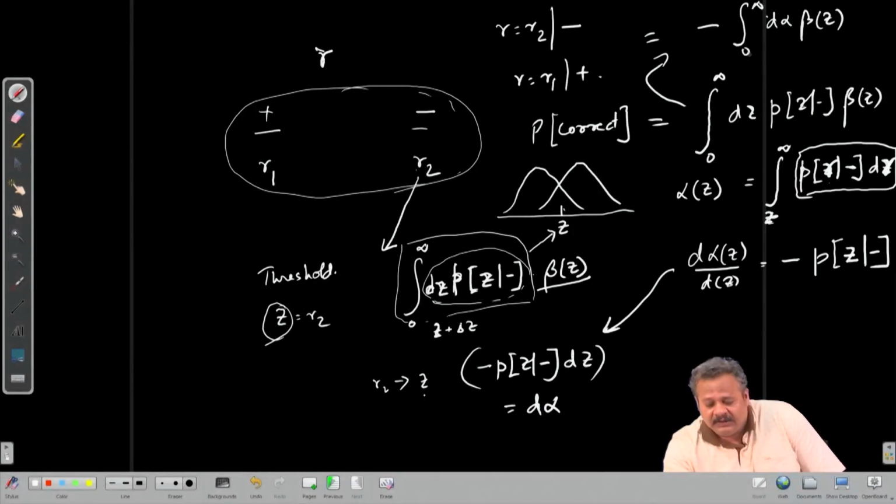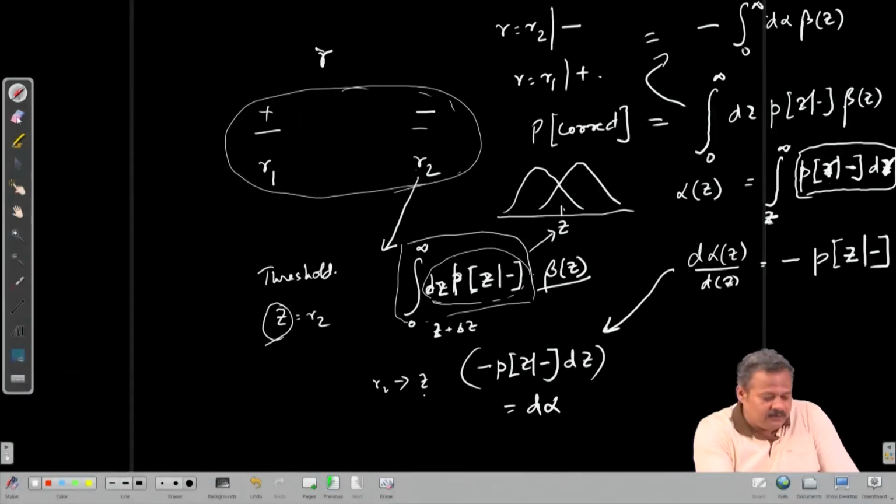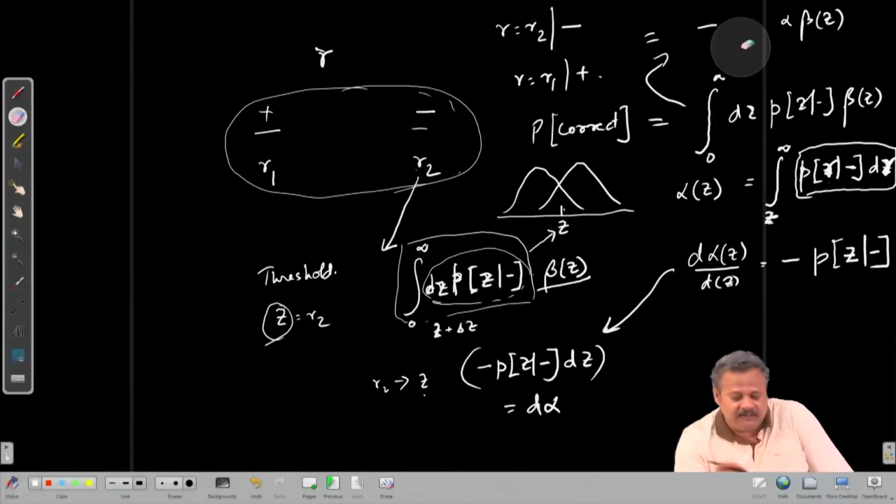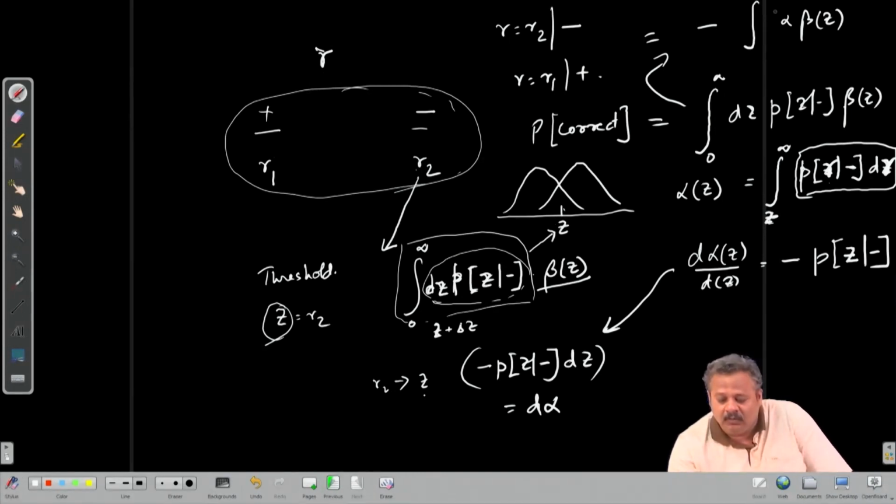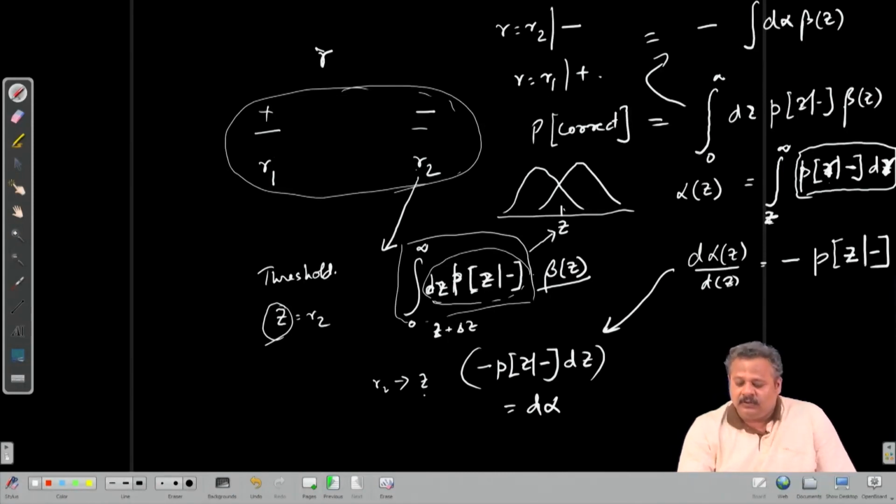We have to change the limits here because we have changed the variable from z to alpha. So we have d alpha here, and for z equals 0, our alpha is 1, the top right corner on the ROC, and for z equals infinity, our alpha is 0.